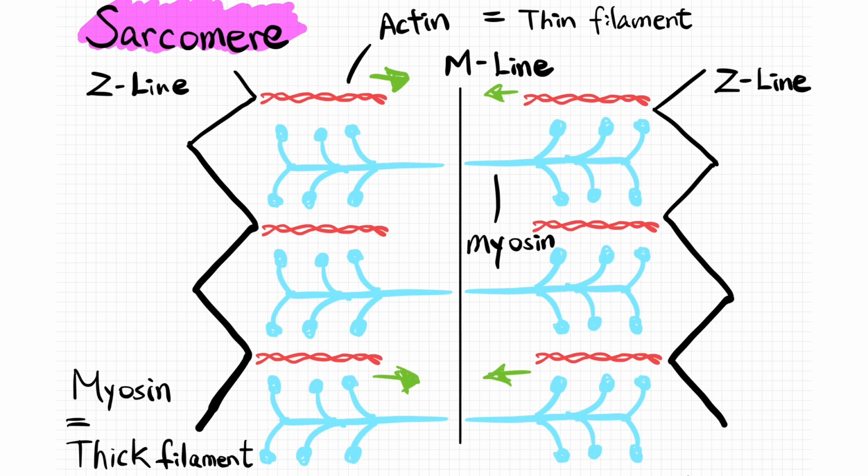Myosin is a motor protein that forms thick filaments within the sarcomere. Myosin molecules have protruding heads that interact with actin filaments during muscle contraction. And M lines are found at the center of each sarcomere, serving as a reference point for the arrangement of myosin filaments.